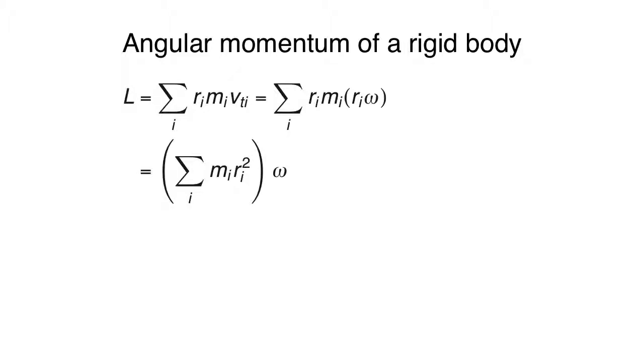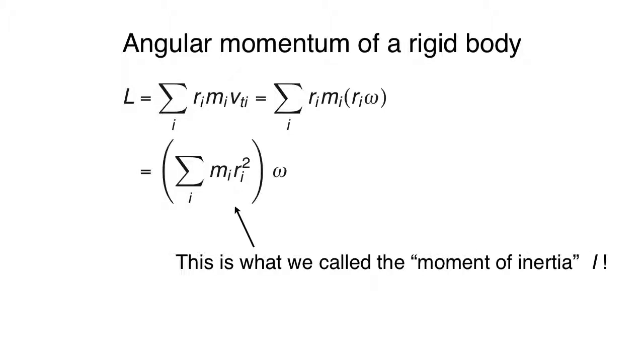Where are my nerds? Mass times radius squared, when you add them all up, this is called the moment of inertia. And I multiply that times the angular speed. Okay? So angular momentum, let's write it down really simply. Angular momentum is the moment of inertia times angular speed.